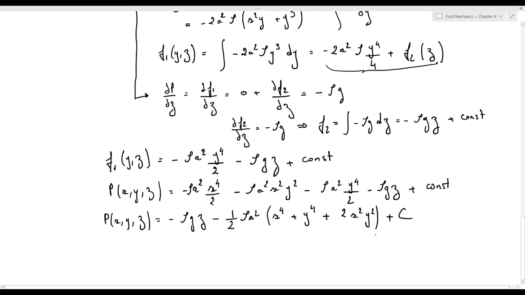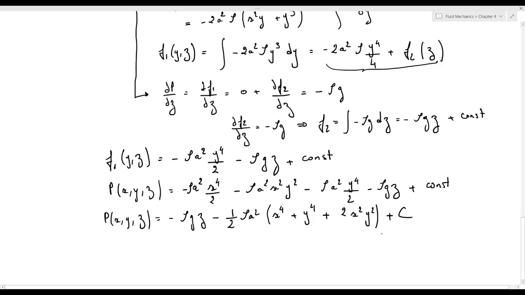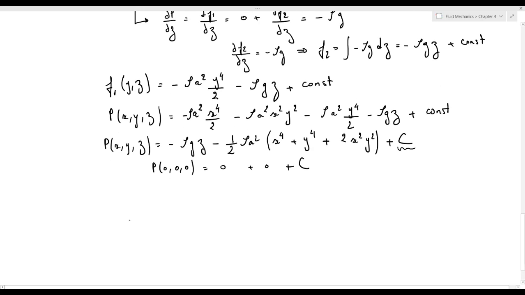This constant can be easily identified by taking the pressure at the point (0, 0, 0). At (0, 0, 0) all these terms will vanish and we will obtain that the constant is just the pressure at the point (0, 0, 0).